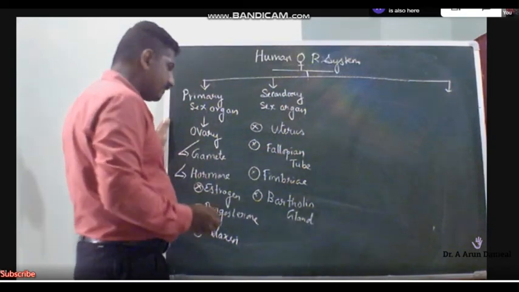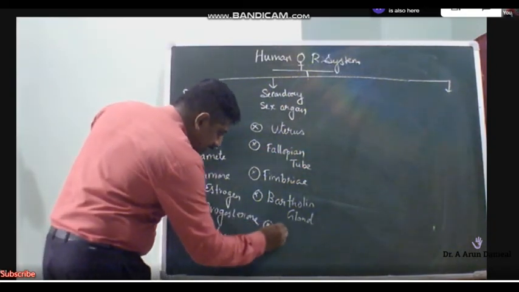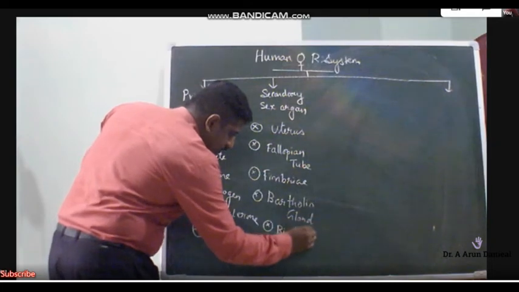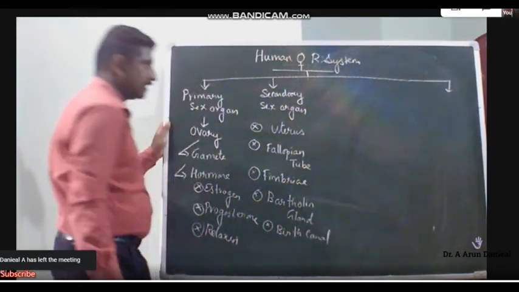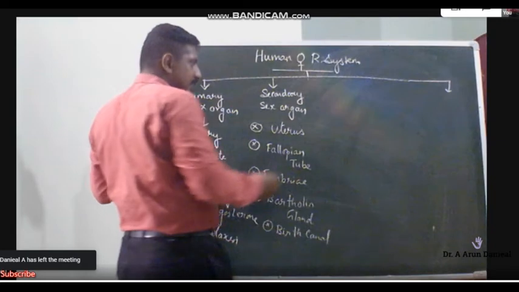Apart from it, we have another one called the birth canal, which includes your cervix and the vagina. All this comes under the secondary sex organ.